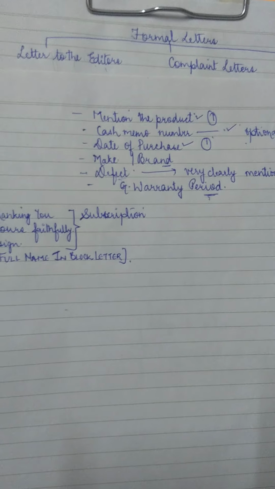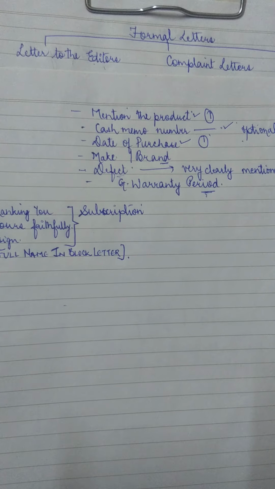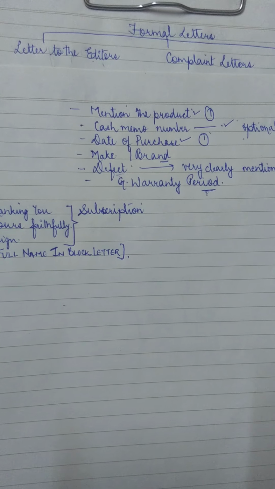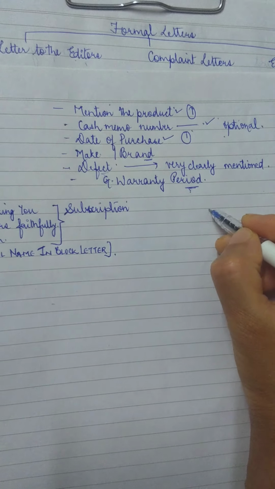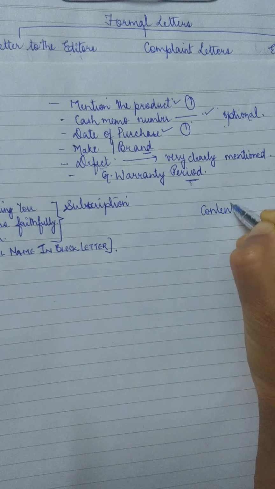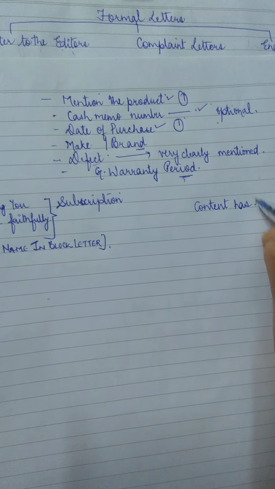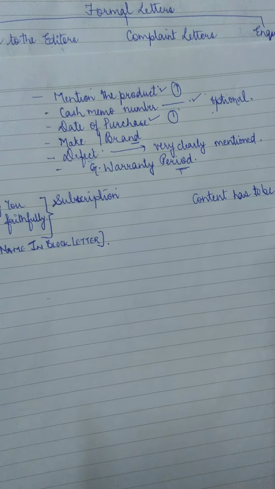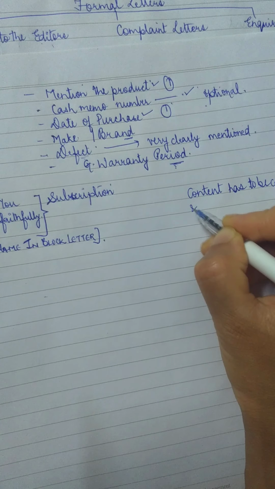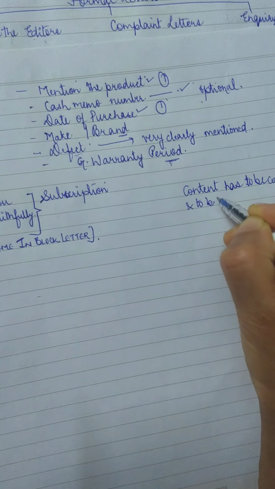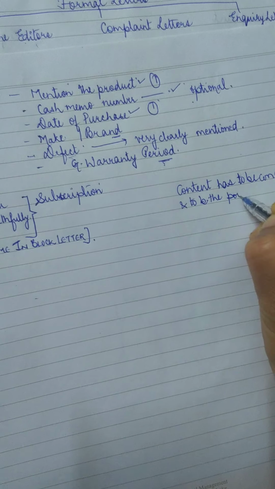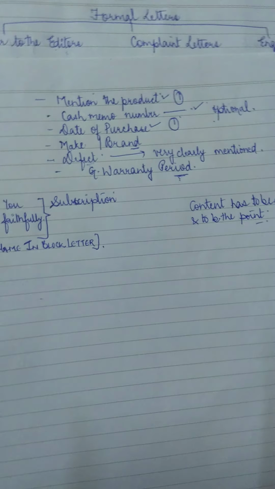One thing you can mention. Apart from that, no other things to be written about. Talk only to the point. The content has to be very concise and to the point. Okay, no extra things to be written.